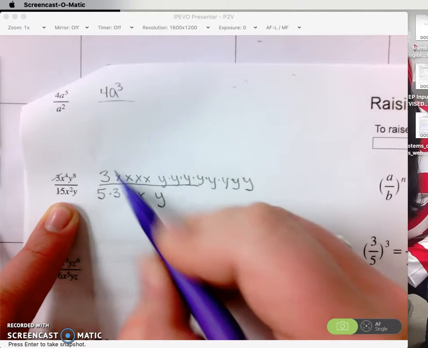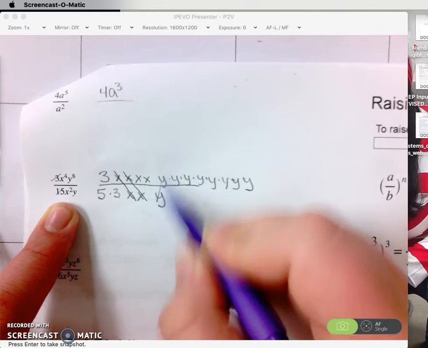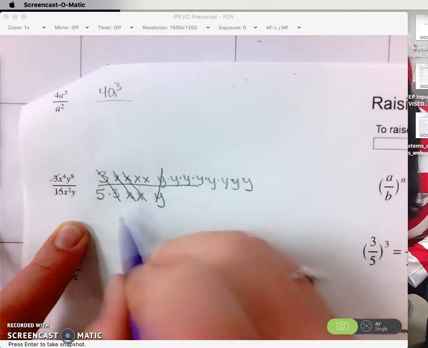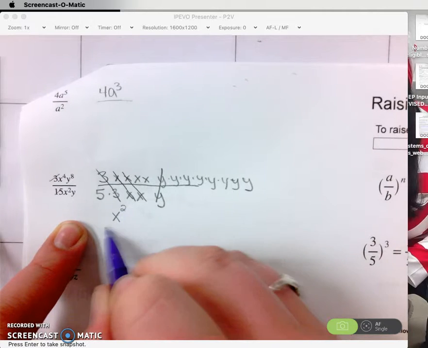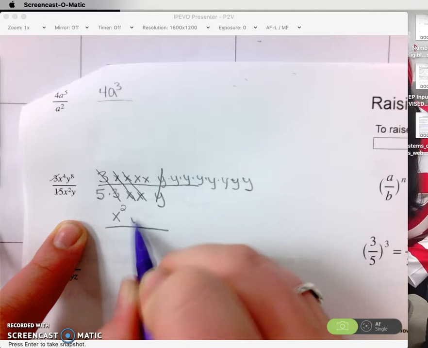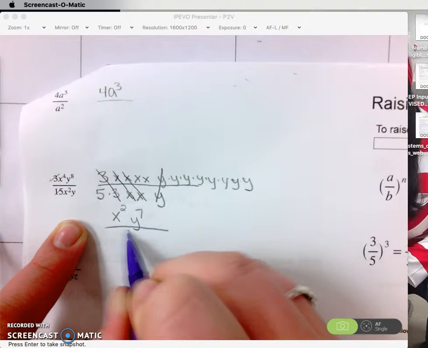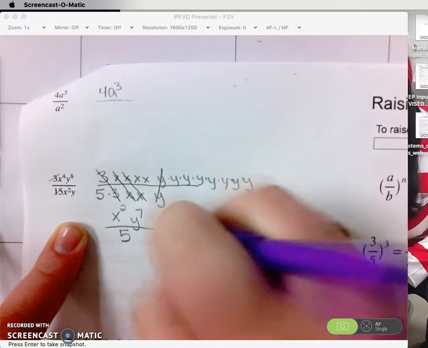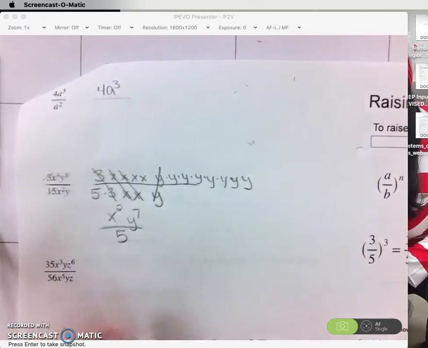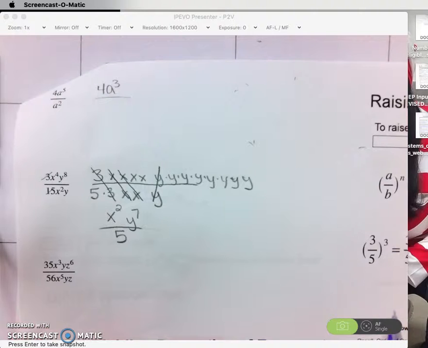Okay, so these x's would cancel out, these y would cancel out, these 3 would cancel out. So I have left an x squared on top, y to the 7th, and then my 5 is on the bottom. I don't expect you to do that every single time because you could just subtract them. This is just showing why we're doing it.